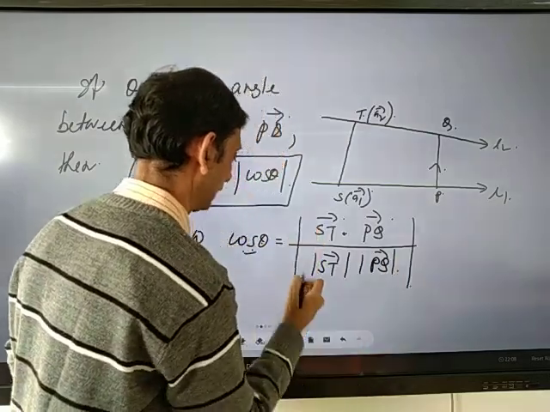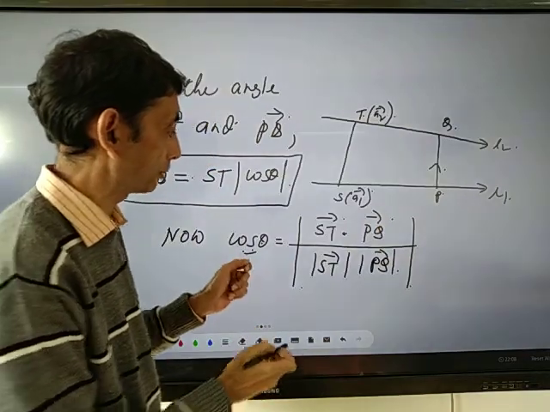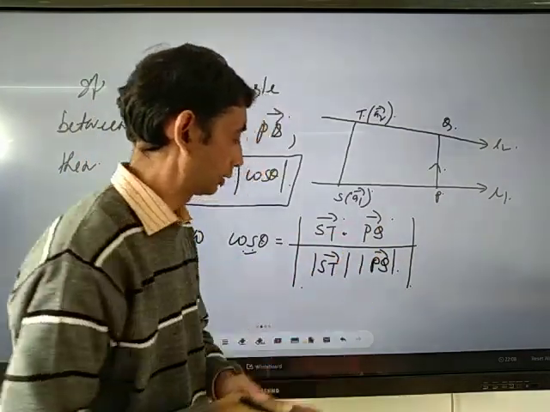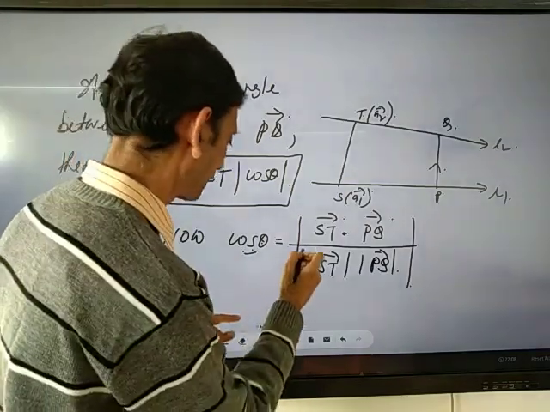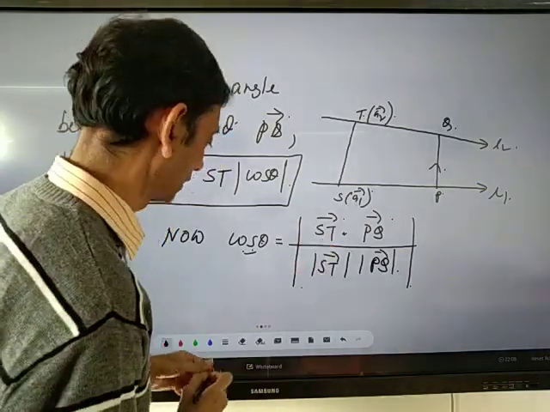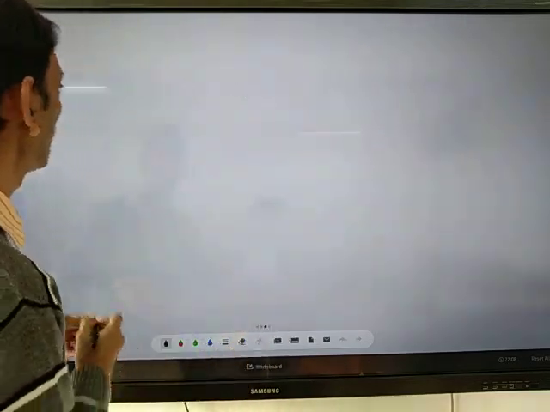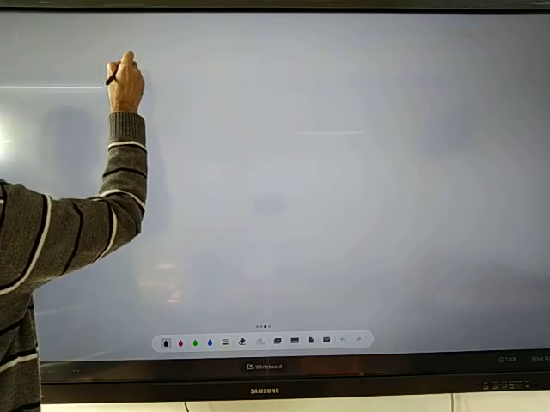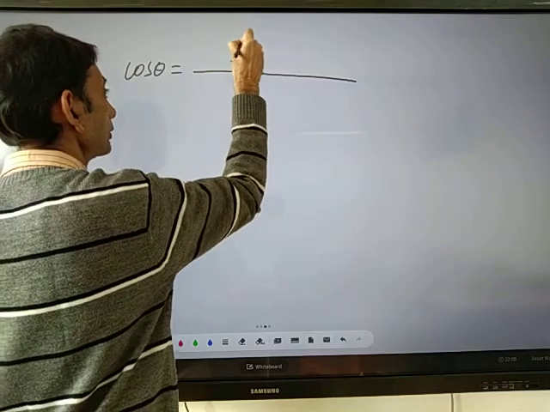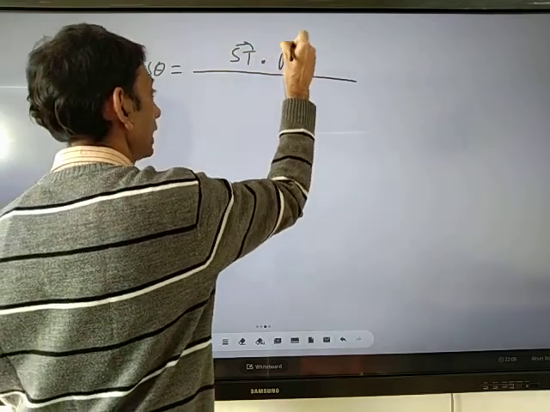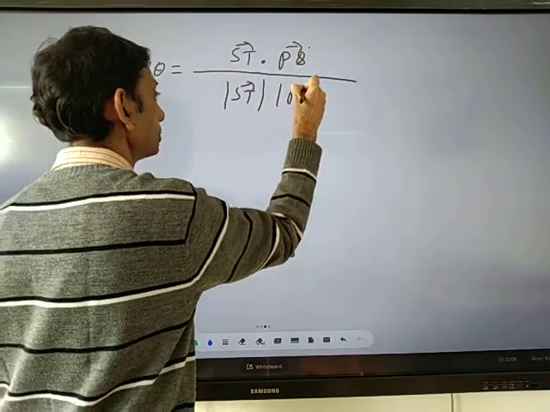If theta is an acute angle, this will always be positive, so we can take mod of ST dot PQ by mod ST mod PQ. Let me rewrite once: cos theta is equal to ST dot PQ by mod ST mod PQ.